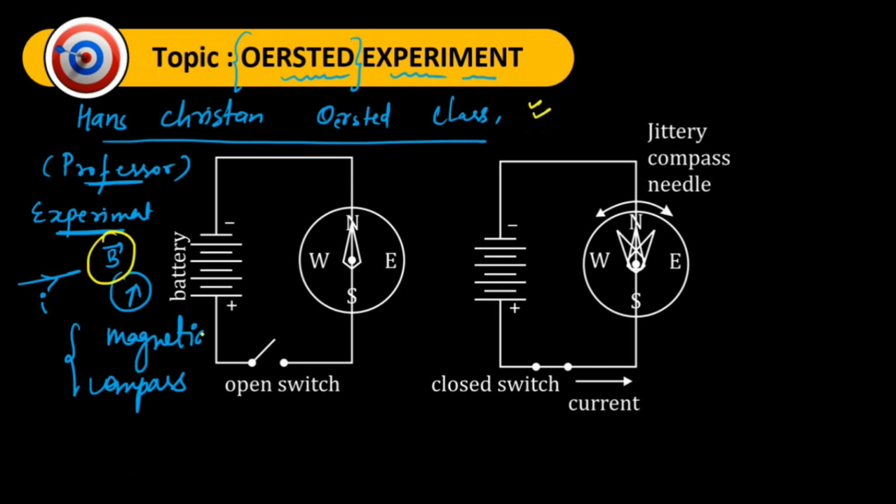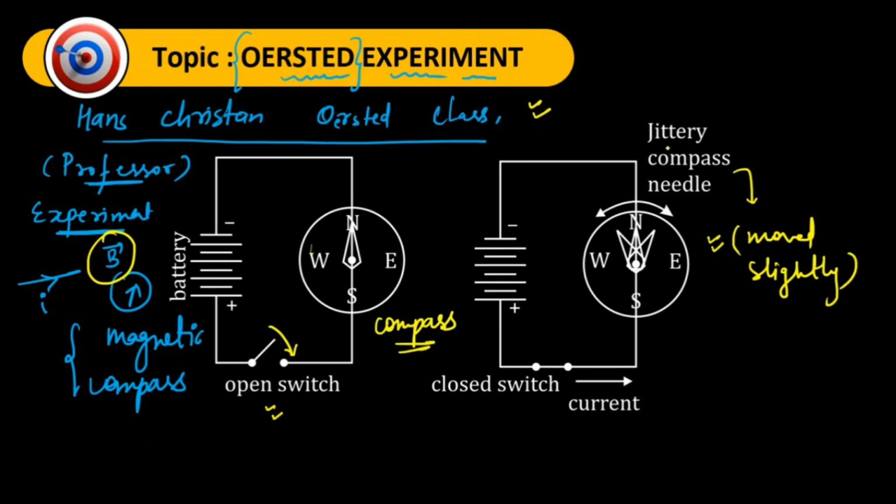Suppose this is a circuit and this circuit has some switch. When the switch was open, the compass was placed this way and showed no deflection. But the moment we closed the switch, Christian Oersted observed that the compass needle moved. Not much, it moved slightly.